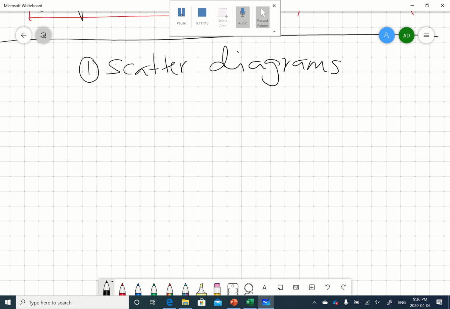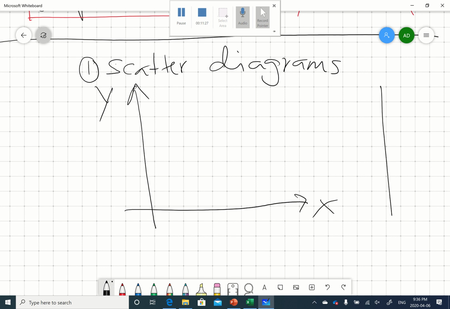So scatter diagram is very simple X versus Y plot. So whichever your X variable and whichever your Y variable, you would have to have a table with X variables and then the corresponding Y reading. Okay, and then each data point, each pair will be denoted as a dot, right?